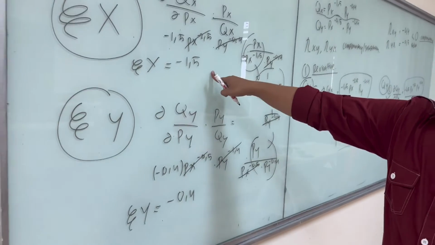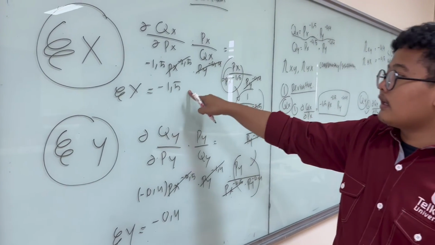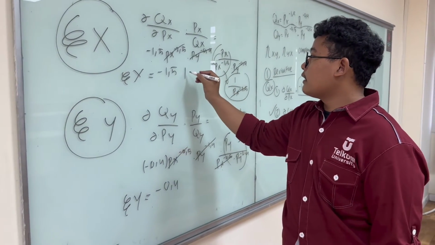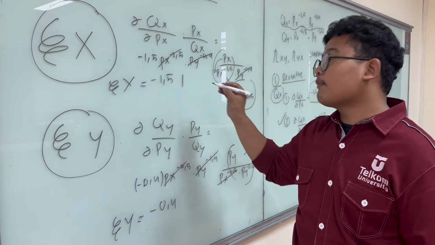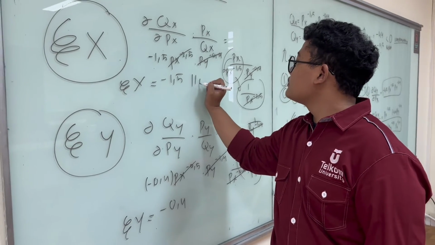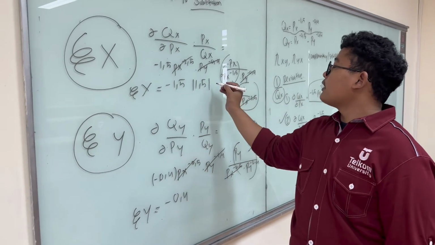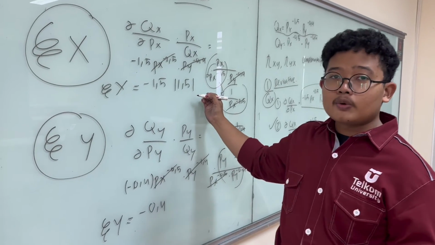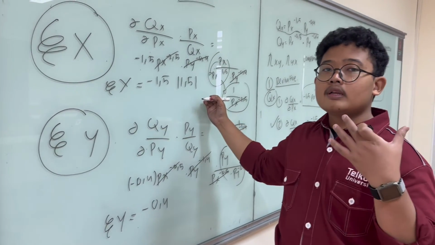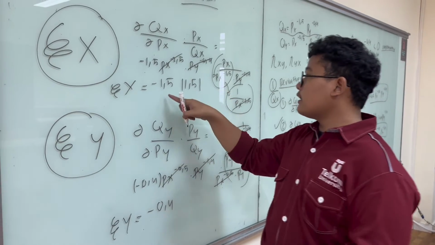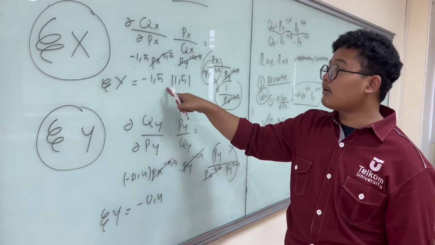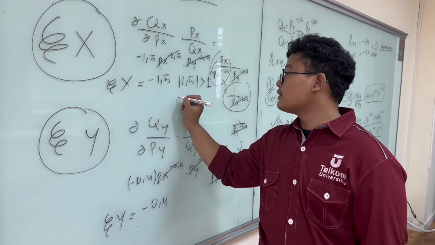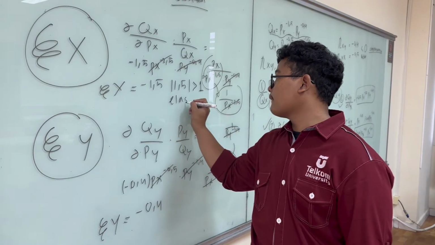And to determine whether it is unitary, inelastic, or elastic, we check whether the absolute amount is below, above, or equals 1. So this amount is above 1, so it is elastic.